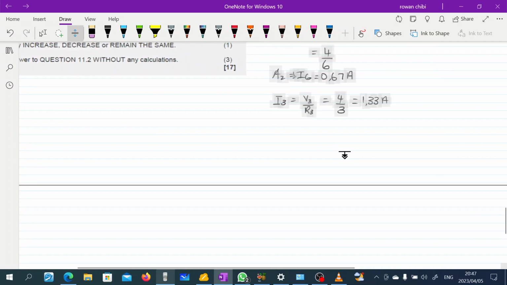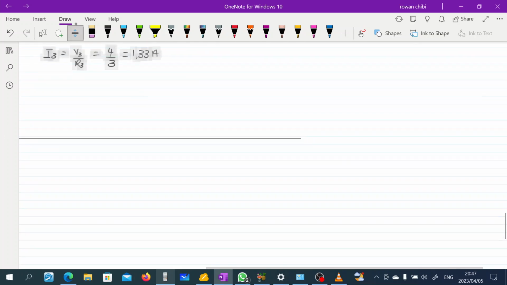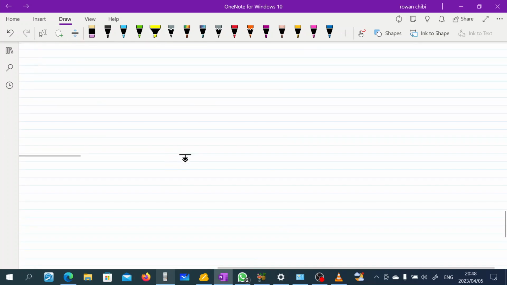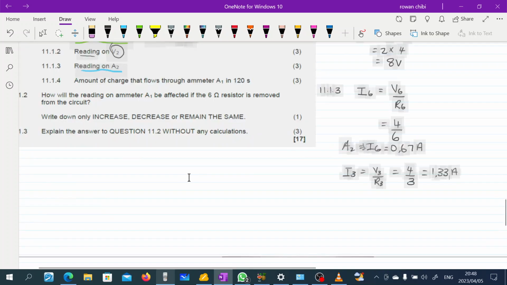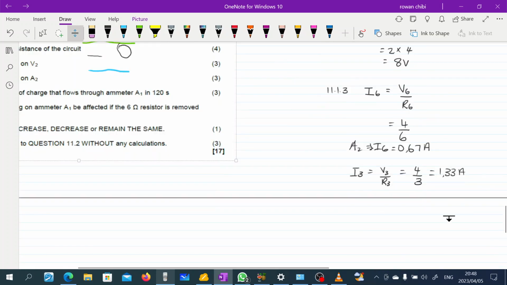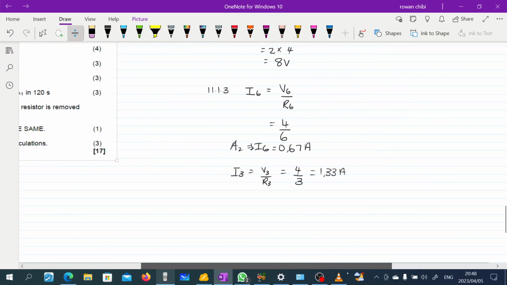So we know that when we add these two, they must give us 2 amps. Let's check.